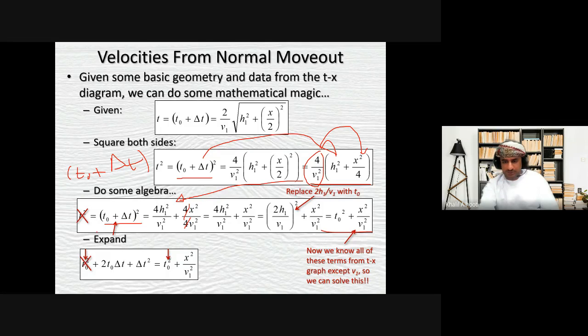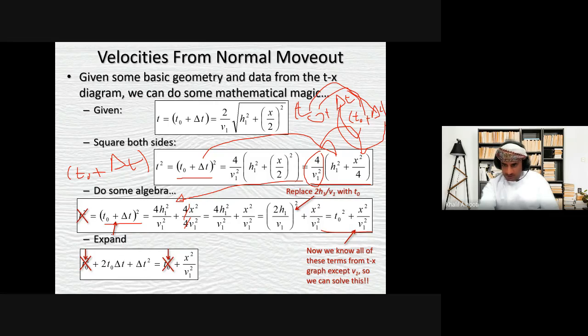Let's expand this one and equate this one with this one. So if you expand this one, you multiply it. How do you do it? T naught plus delta T multiplied by itself. T naught plus delta T. Multiply this here, then here, here and here. What you get is this formula.